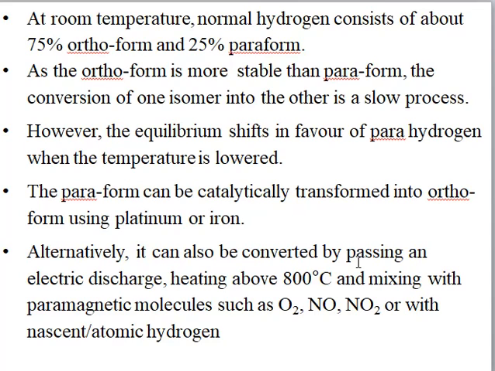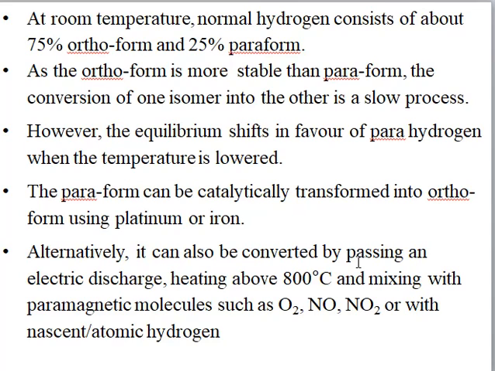But still the equilibrium shifts in favor of parahydrogen at a low temperature. At the low temperature, we can get 99% of the hydrogen as the parahydrogen. At normal temperature, 75% will be ortho and 25% will be para. But when the temperature is lower, you can get 99% of para and 1% of ortho.